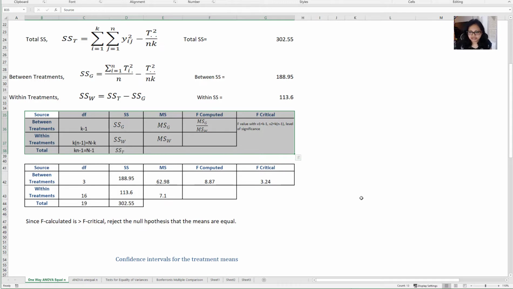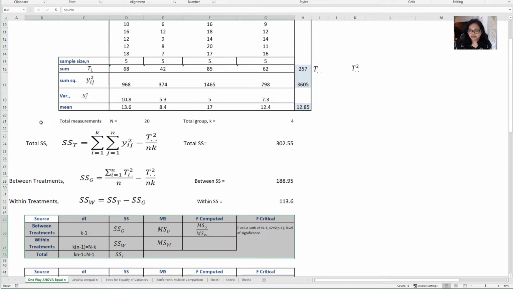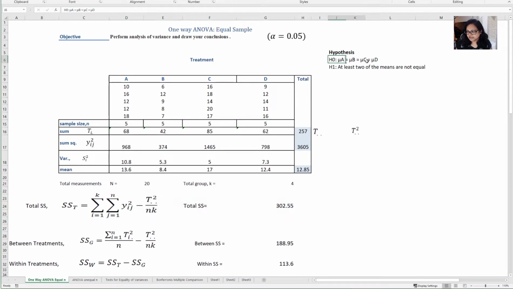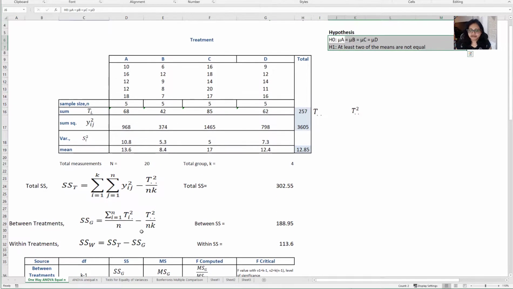In the ANOVA table, the sources of variation, that means whenever we try to find the differences among means, we want to test how much variation we have, and we need to figure that out first.